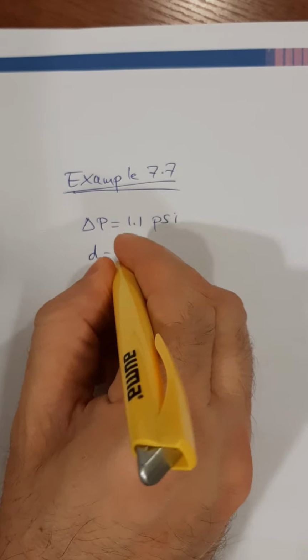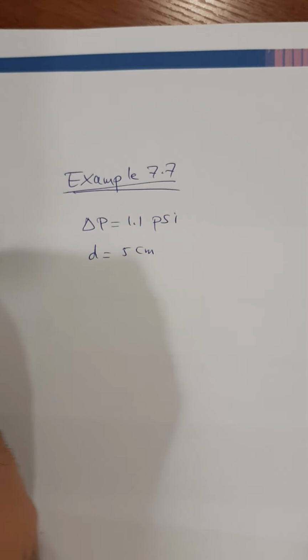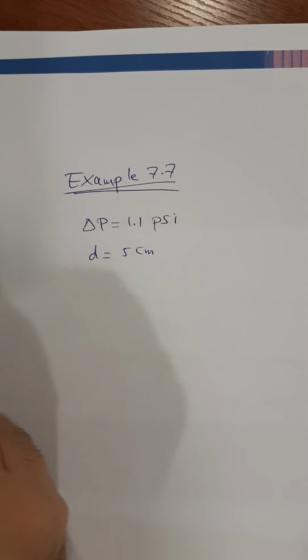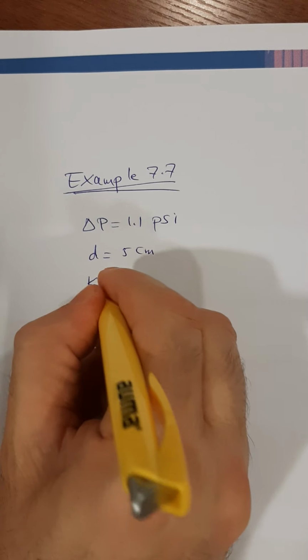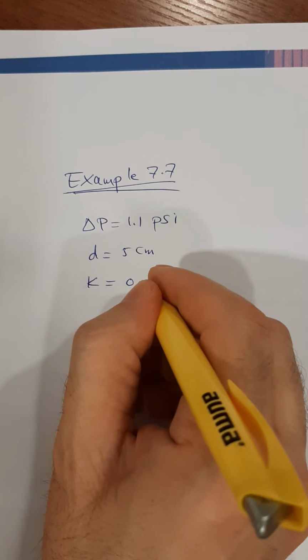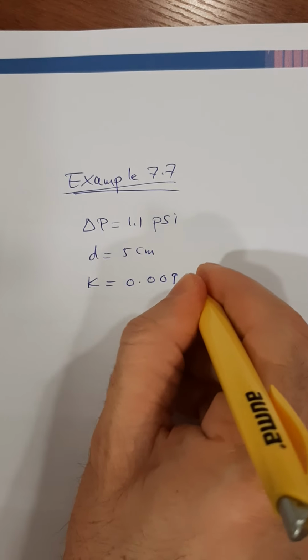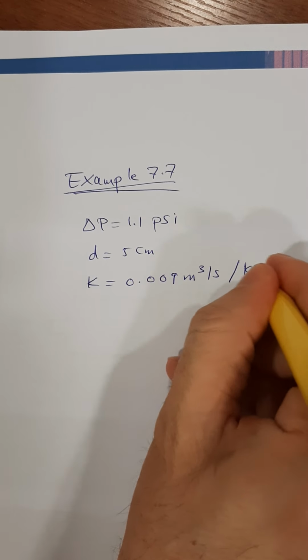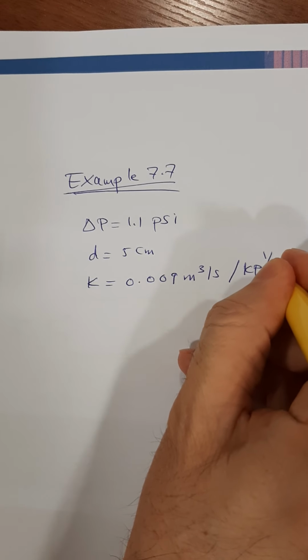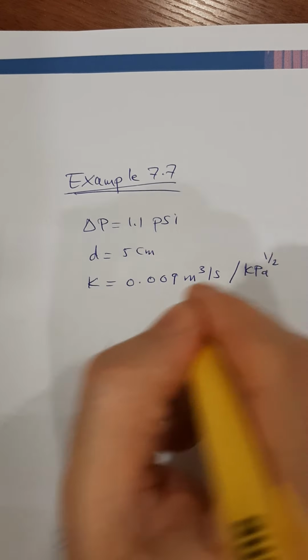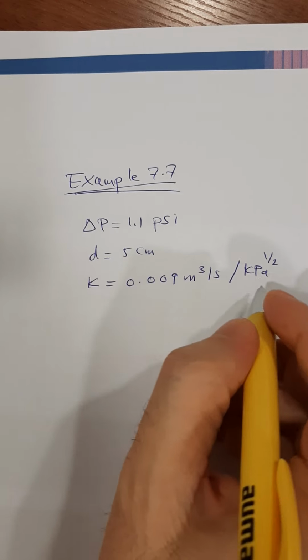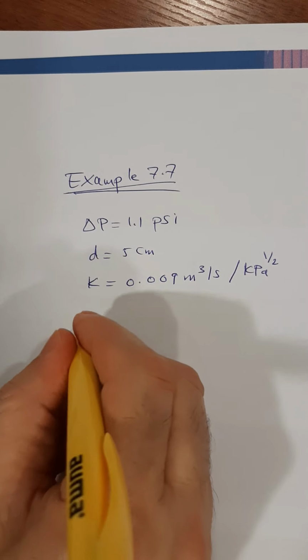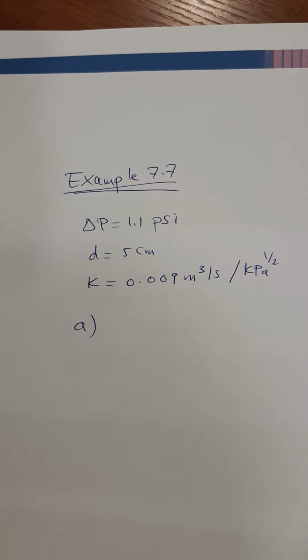So D is 5 centimeter. The constriction constant K is equal to 0.009 meter cubed per second per kilopascal to the power 1/2, so it is the square root of kilopascal. Find the flow rate in meter cubed per second.